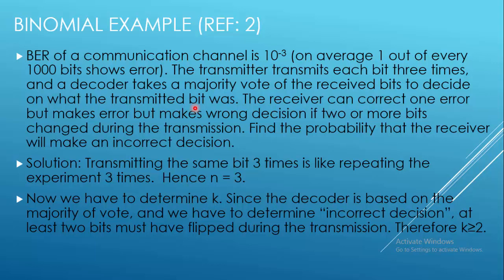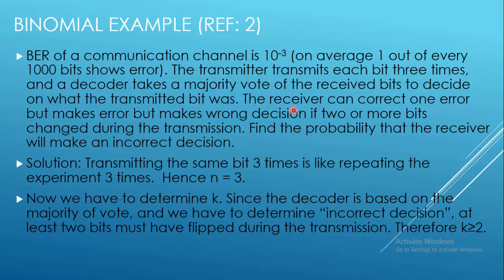But suppose 1 was transmitted but the received bits are 0 0 1, means 2 transmissions have flipped. So in that case, the decoder will decide that the transmitted bit was 0. So here it takes the majority vote of the bits.